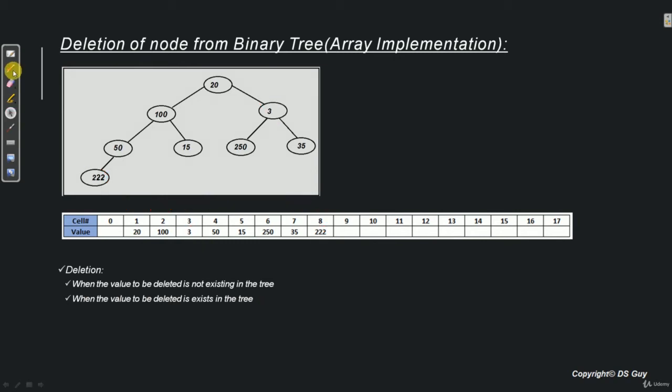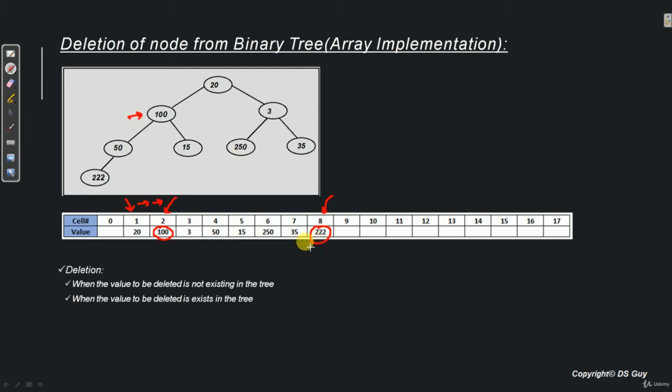Now let's take one more example. Let's say we want to delete number 100. So how do we do that? We start searching from the first cell, go towards right till we reach the cell that we want to delete. In this case, cell number 2 is the one that we want to delete. Now step 2 is we go to the last used index, which is 8 in this case, and this is the deepest node in this tree.